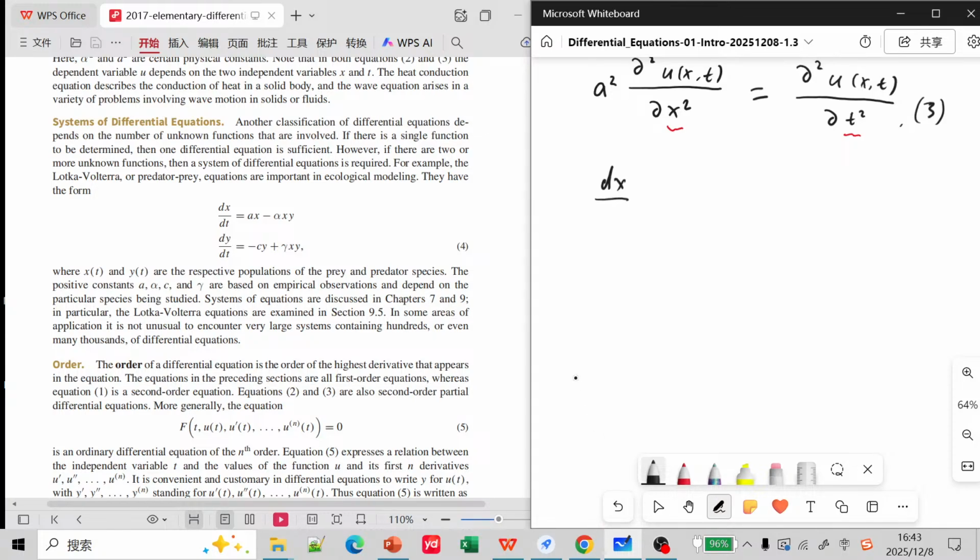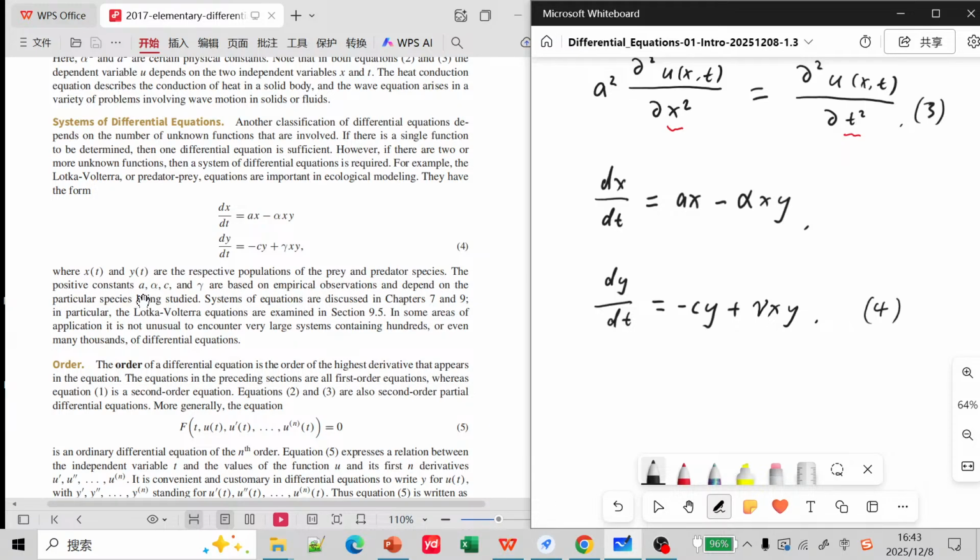dx/dt = ax − αxy and dy/dt = −cy + γxy, where x(t) and y(t) are the respective populations of the prey and predator species.